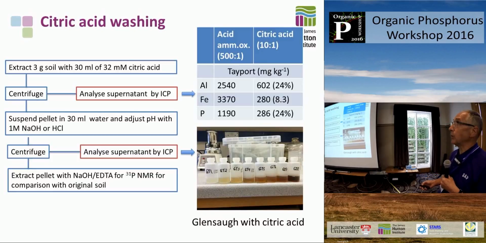And then we thought, well, if we've washed out the stabilizing cations, then when we wash with water at different pHs, we would maybe be able to see inositol hexaphosphate and organic phosphorus coming out. So we would resuspend the pellet, adjust the pH to somewhere between 5 and 8, and then analyze the supernatant.